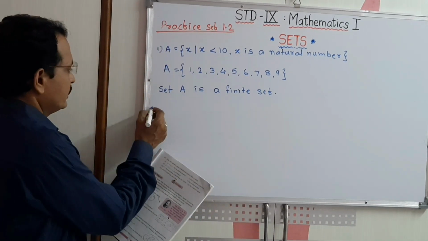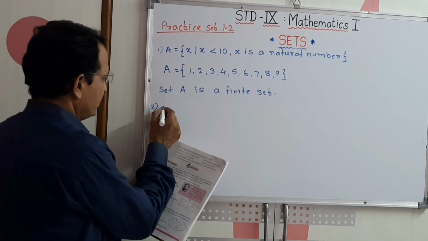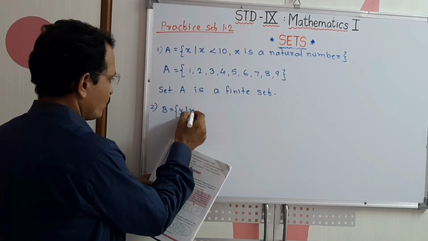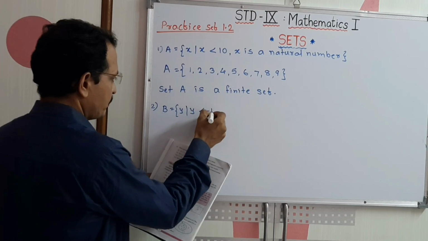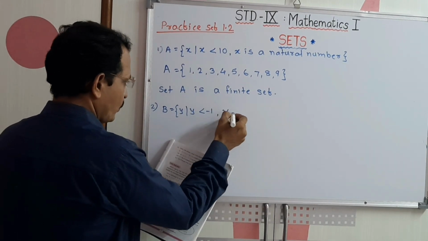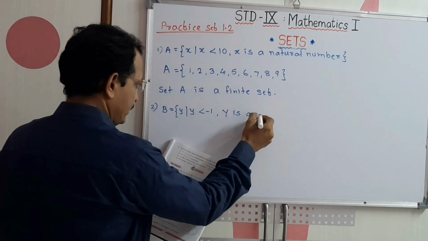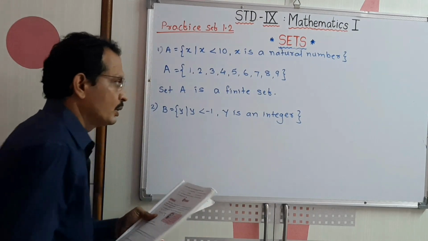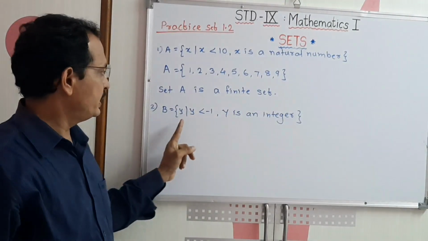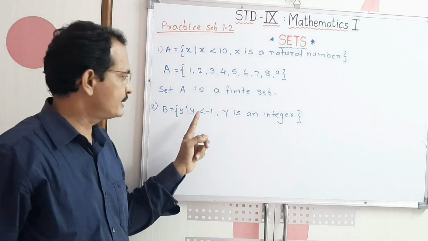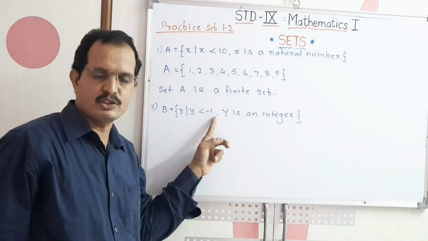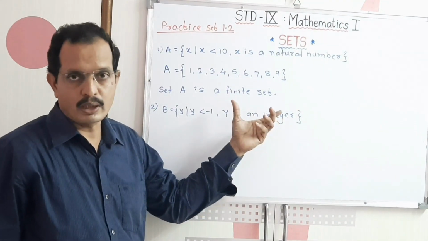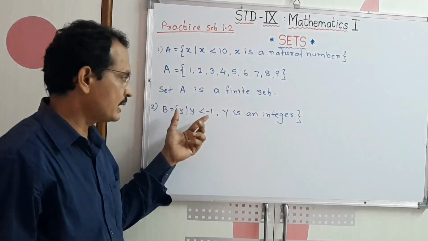Second is given. B is a set of y such that y is less than -1 and y is an integer. We have to write the integers which are less than -1.